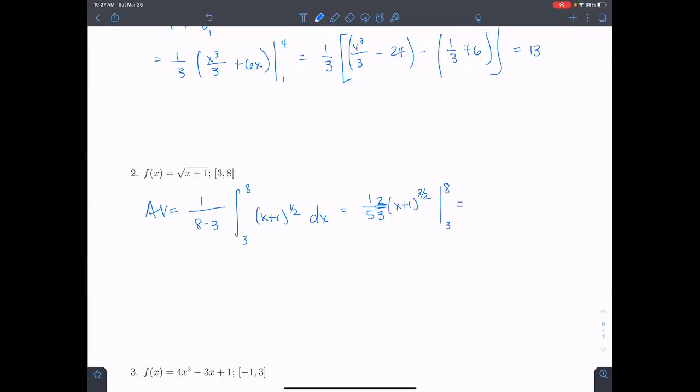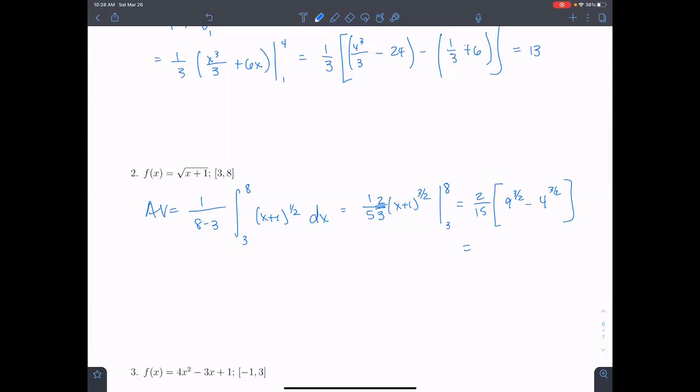So you're looking at 2/15 times this thing. So 8 plus 1 is 9 to the 3/2 minus 4 to the 3/2 times 2/15. Oh, I don't have an answer for that. But y'all can do that in a calculator.